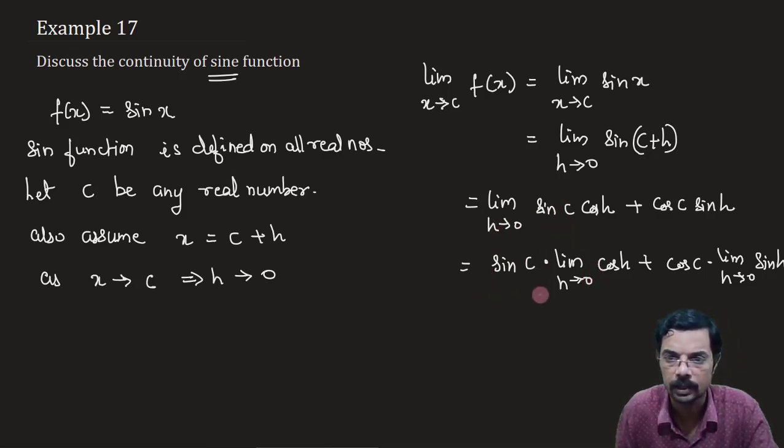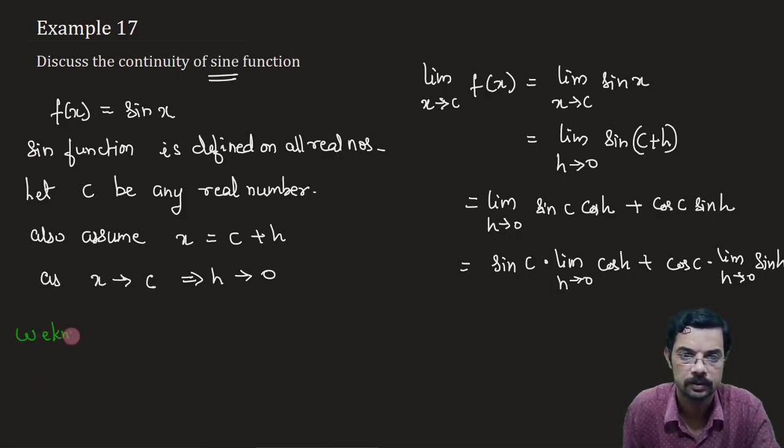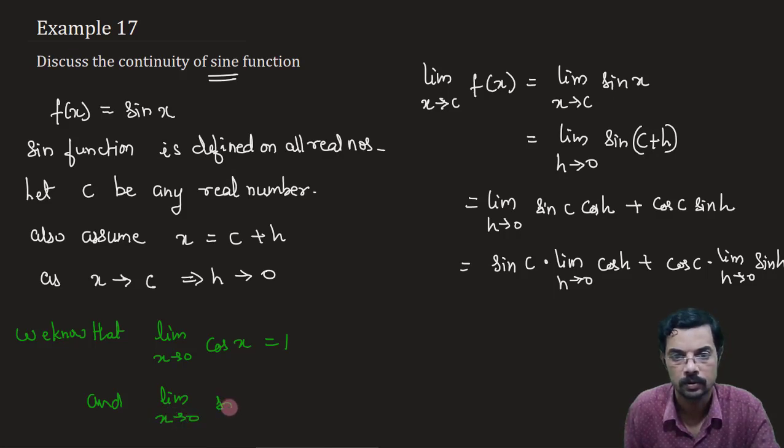Now we know that limit x tends to 0 of cos of x is equal to 1, and limit x tends to 0 of sine of x is equal to 0.